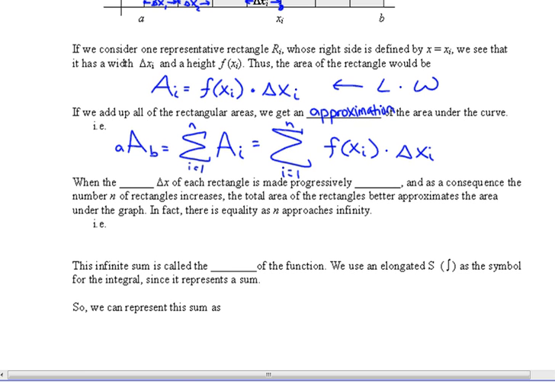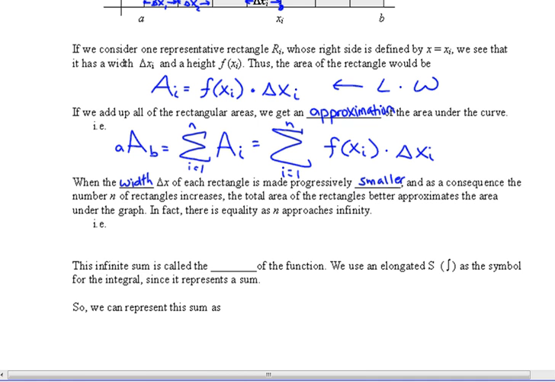When the width, delta x, of each rectangle is made progressively smaller, as a consequence the number of rectangles will increase. So we want almost infinitely many rectangles. The total area of the rectangles better approximates the area under the graph. In fact, there is equality at infinity.